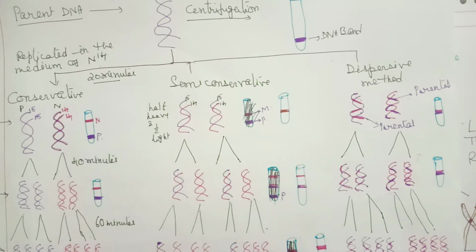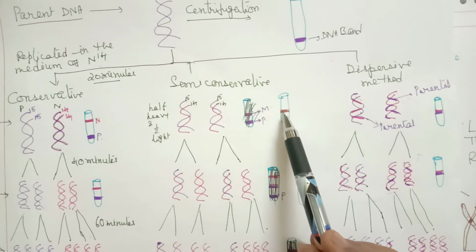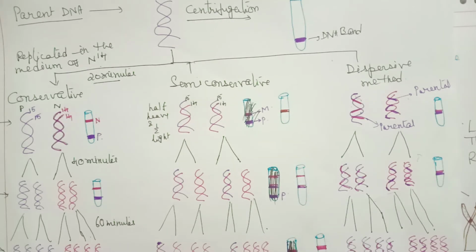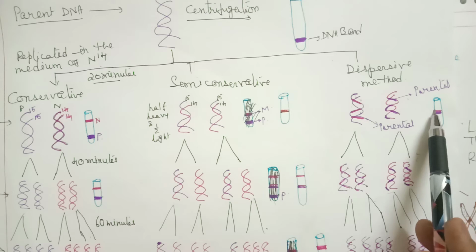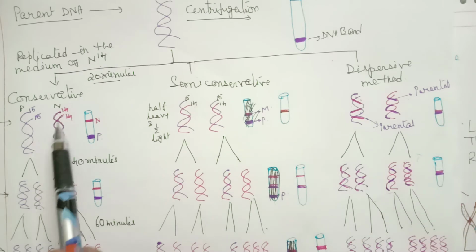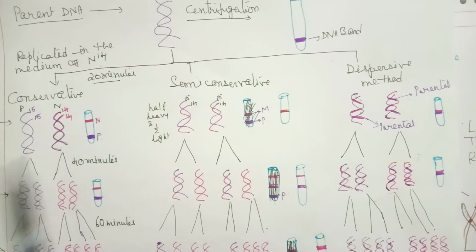We can eliminate this. Meselson and Stahl observed this in the first generation in their experiment. So we can easily eliminate the conservative type of replication in the first generation itself.